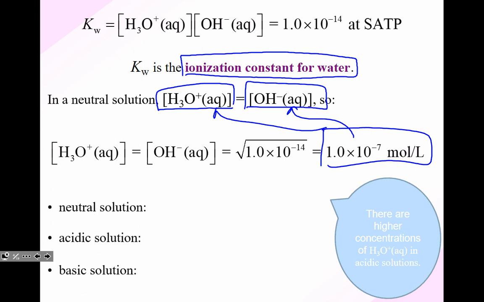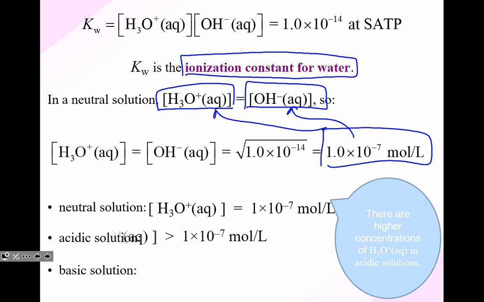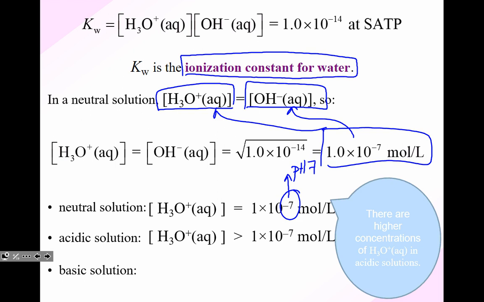Okay, so for neutral solutions, the hydronium ion is equal to 1 times 10 to the negative 7. And remember, we use this to come up with the pH of 7, right, kiddos? That's where that comes from. It's the concentration: 1 times 10 to the negative 7 moles per liter of the hydronium ion in a neutral solution.